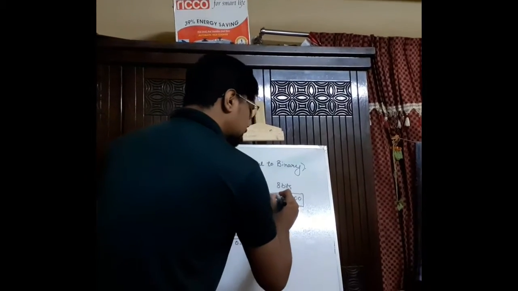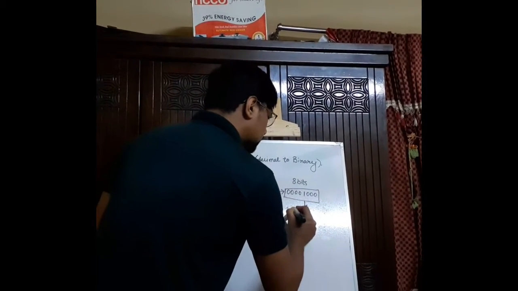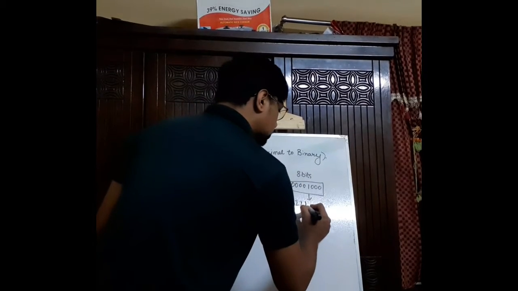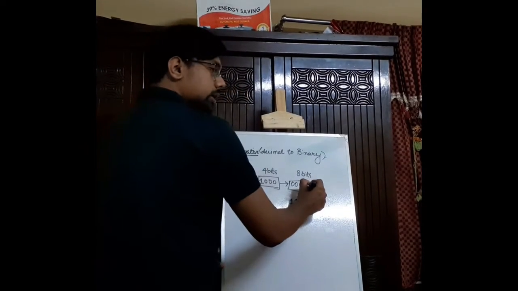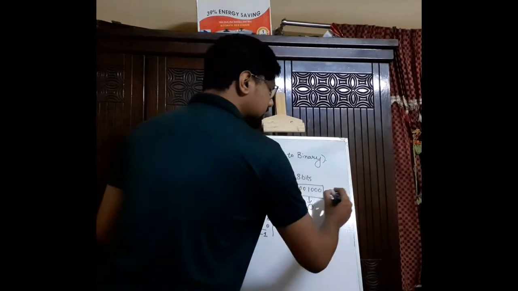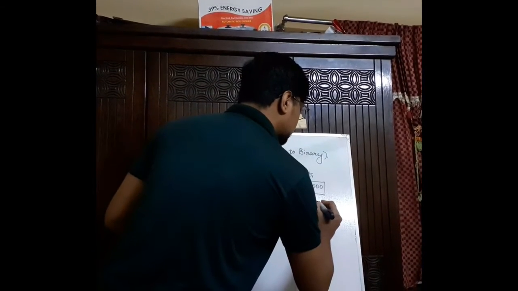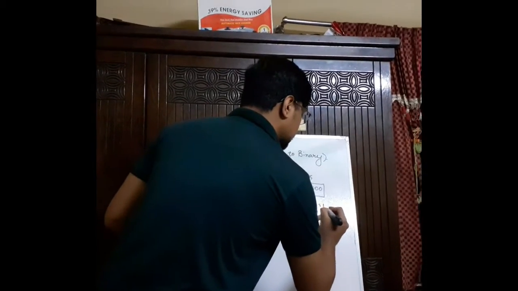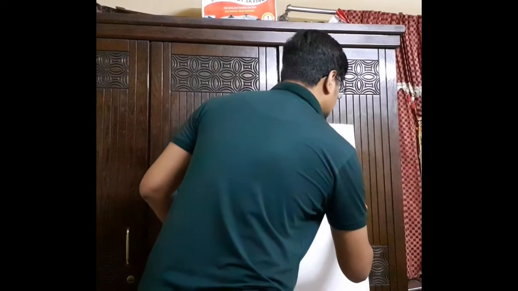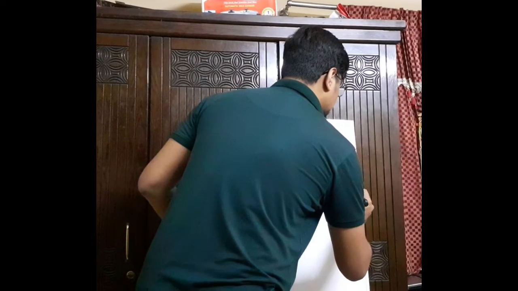This one, we have 0, this 0 has to be converted to 1, this 0 becomes 1 again, this 0 also becomes 1. Here we have 1, this 1 becomes 0, and these 3 zeros will all become 1s. This step is called ones complement.